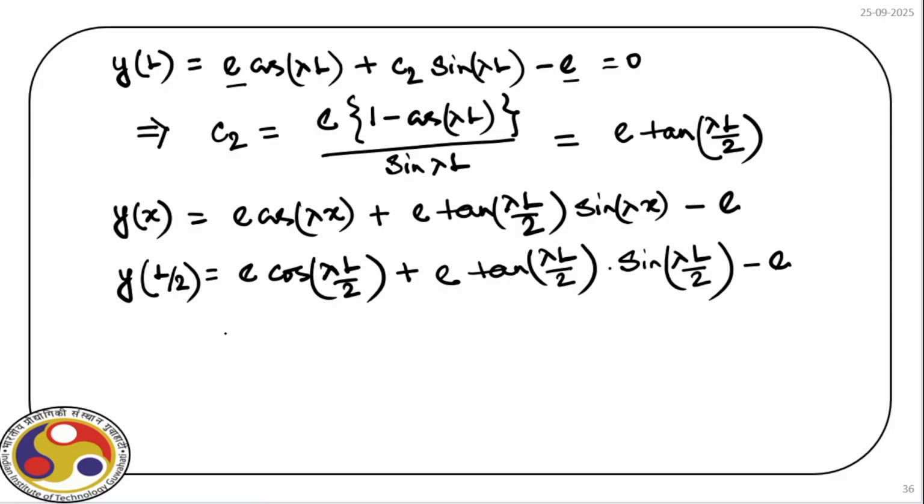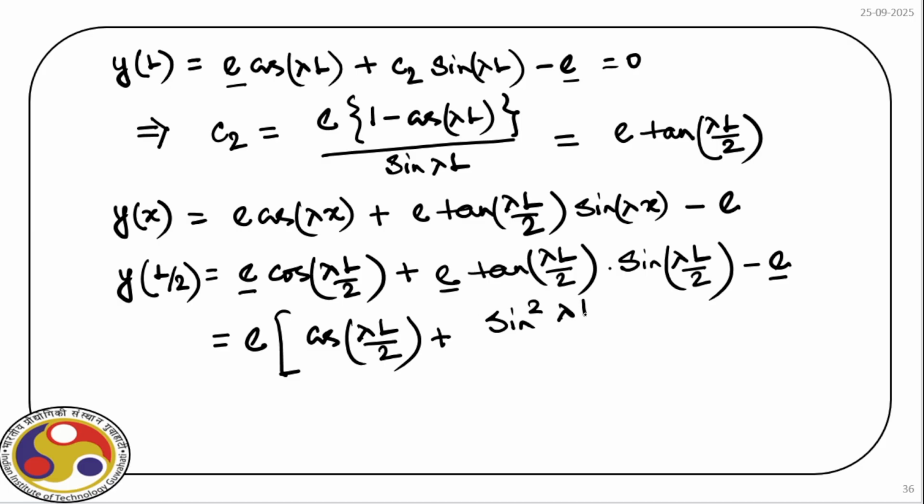Okay. Now we'll simplify this expression in a minute. Before that, we take this E common, and what we have is cos lambda L by 2 plus tan lambda L by 2 times sine lambda L by 2. So we have sine square lambda L by 2 divided by cos lambda L by 2 minus 1.